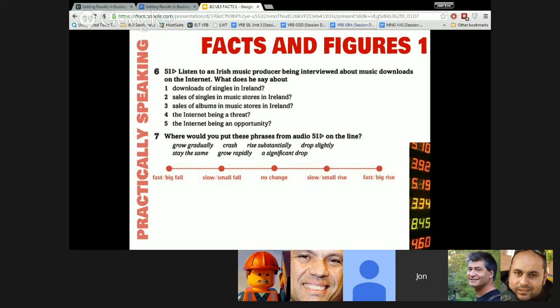In which country? In Ireland. I think it's in the UK, if I'm not mistaken. In the UK, right. So, the sales of singles have dropped significantly in the UK, but not in Ireland. They've dropped, but not significantly. And you're right, both of you, that albums are more important in Ireland, according to this producer.